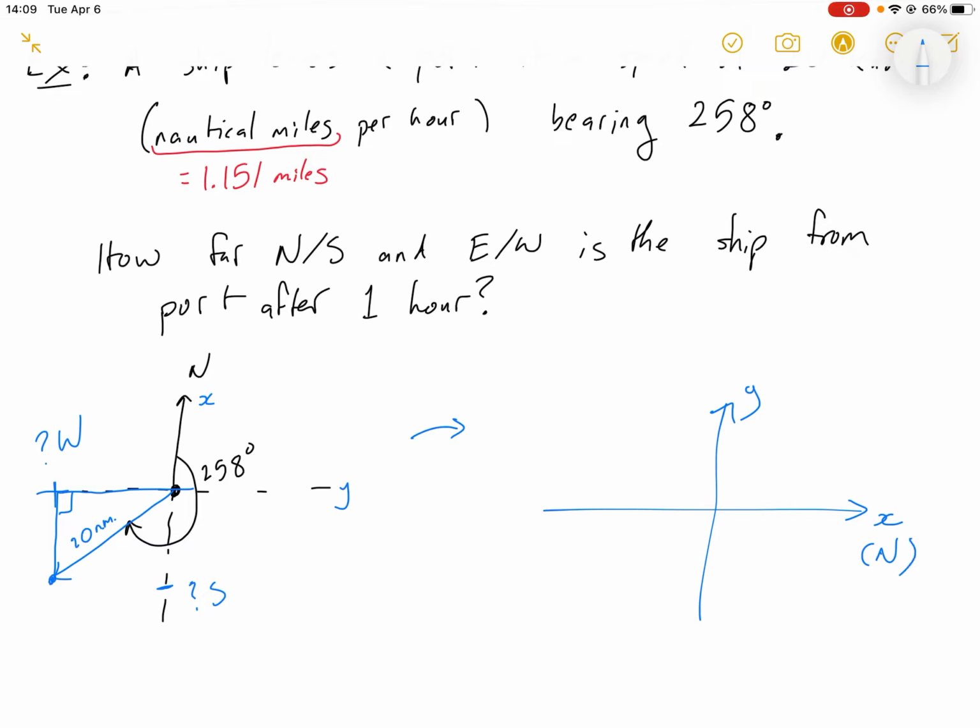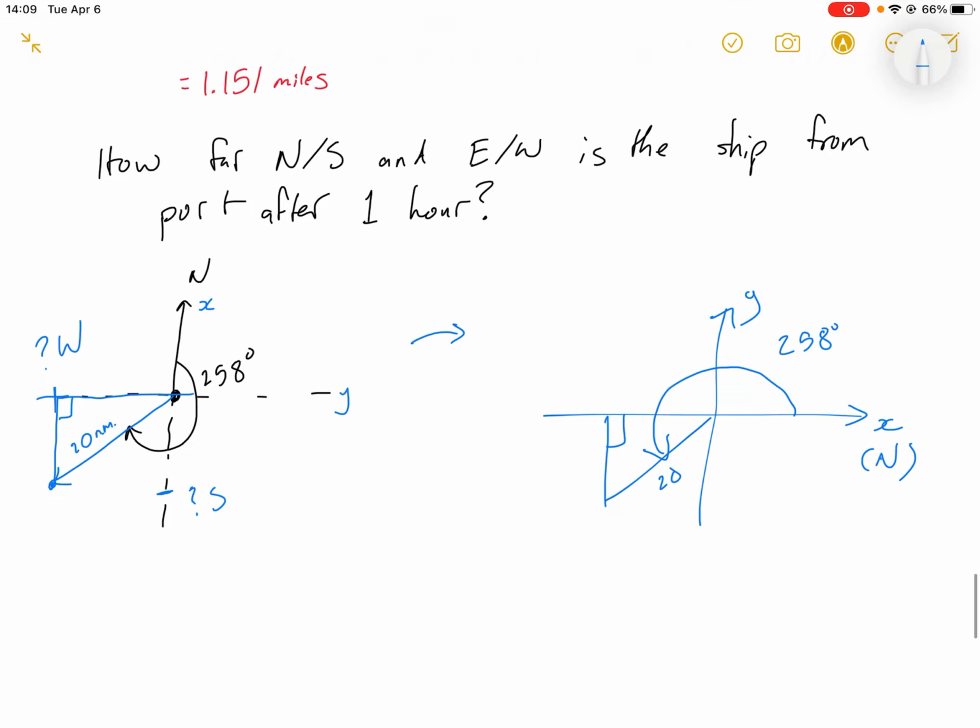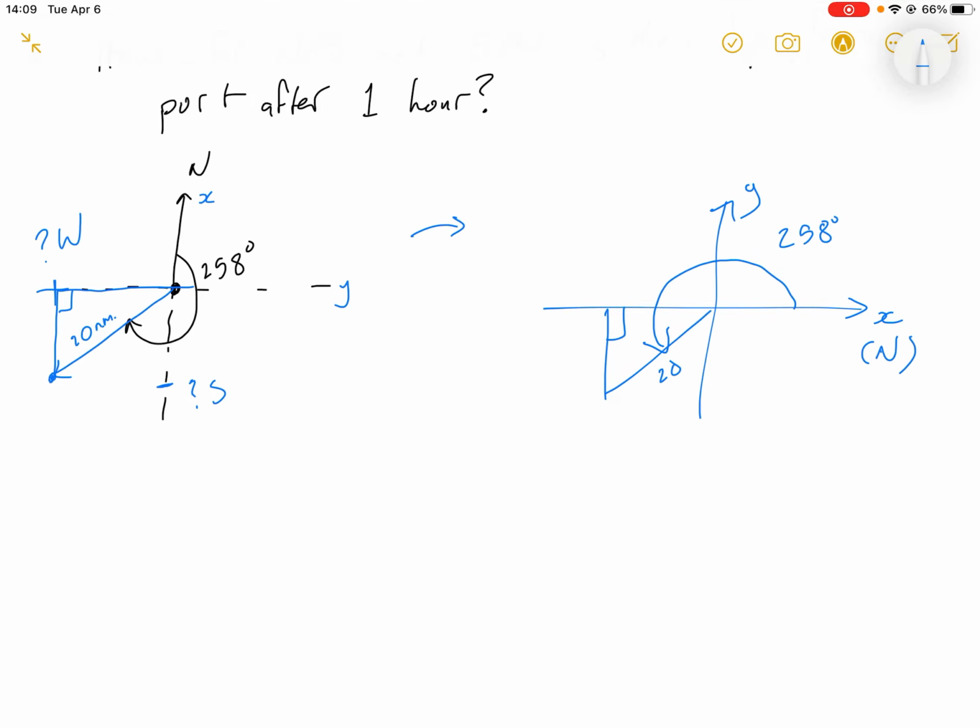Now, rather than going counterclockwise, we can just say let's go clockwise instead. So I'm going to go 258 degrees over here. And then we'll just have to flip back when we're done. And all this comes down to is, cosine of 258 degrees is x over r.